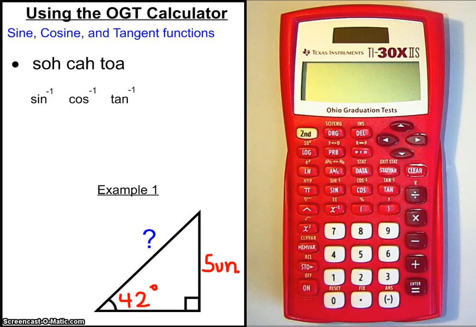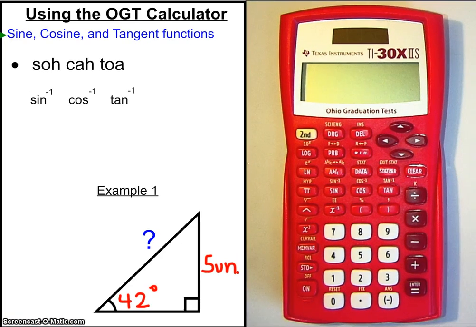I will preface that this is not going to be an intense look at sine, cosine, and tangent. It's just going to show you how to use these buttons, or how to set up the problem and use this calculator with these functions.